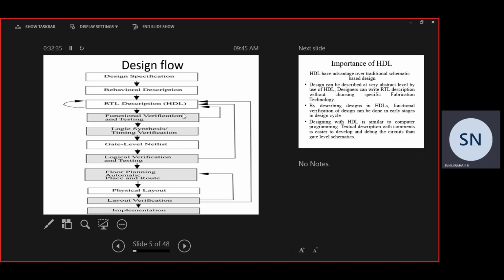Whenever we use a semicolon, it is treated by the simulator as the end of one single line. The sentence is over, so go on to the next statement.